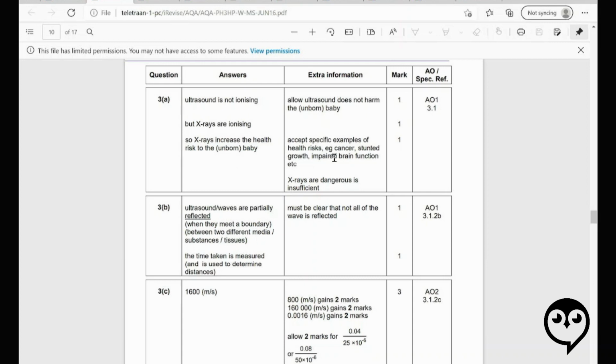But you can talk about impaired brain function, stunted growth, if you like. Okay. And the behavior of the waves was that they are partially reflected, and you need to use that word reflected, don't you? And then the time taken is also measured, and this is what gets the 3D image. You must be clear that not all the wave is reflected.